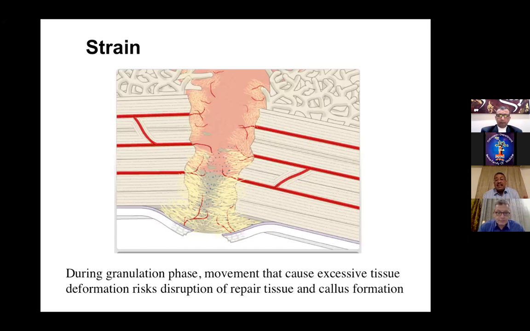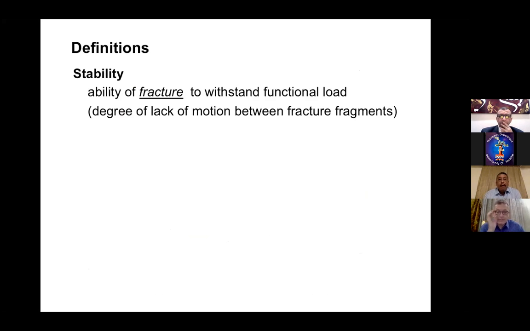So we may get either delayed healing or non-union. This means we should have an atmosphere of adequate stability in order to maintain the ongoing process of fracture healing.